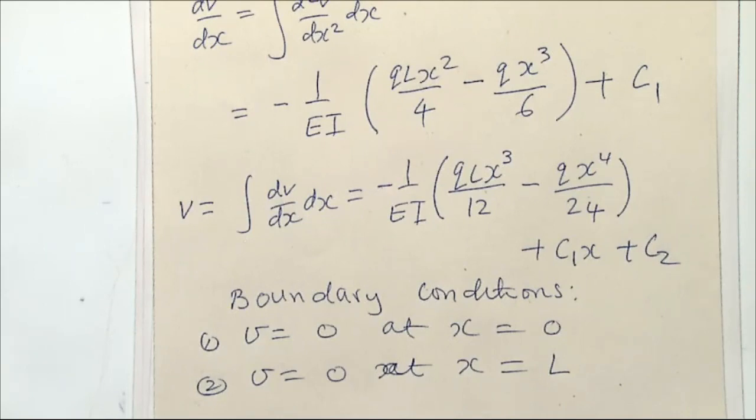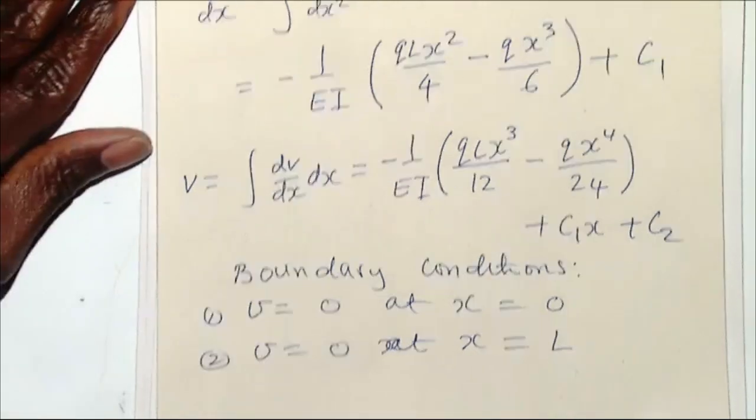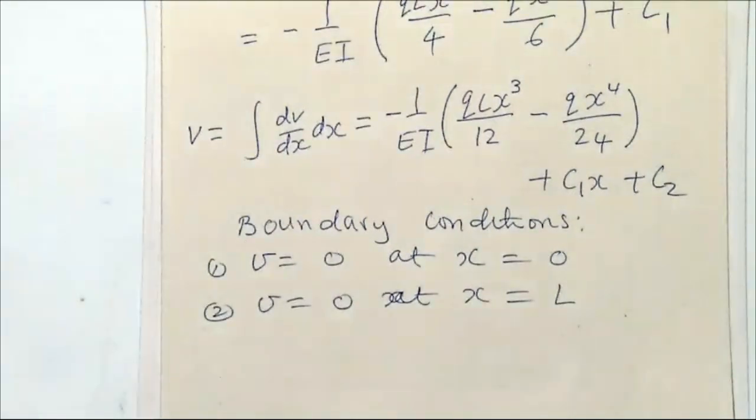So there are two unknowns, two constants, therefore we need two separate conditions, and those are the two that we need. So if I put in the first one, V equals 0 at X equals 0, what will we get? So let's do the first one.